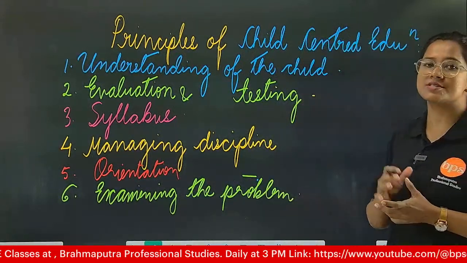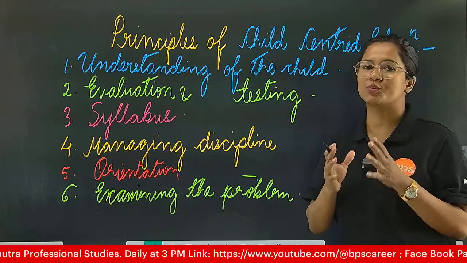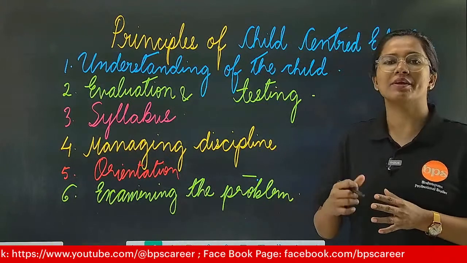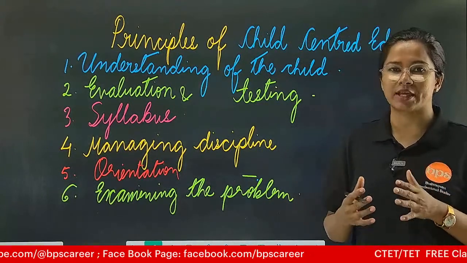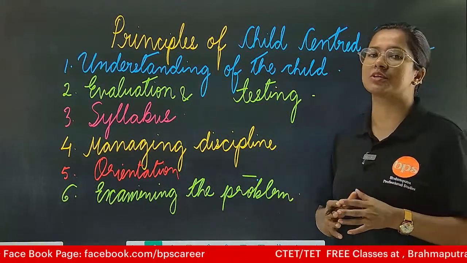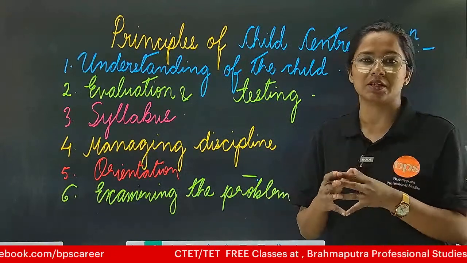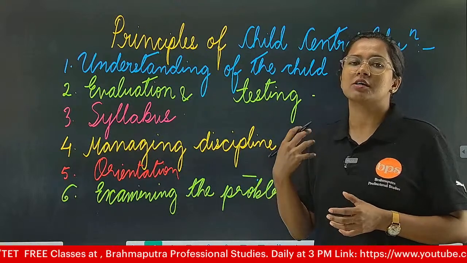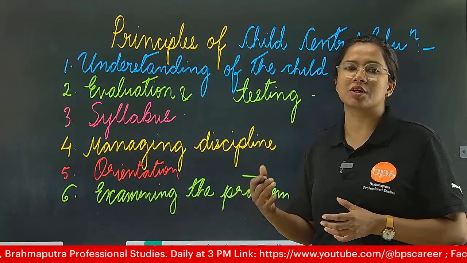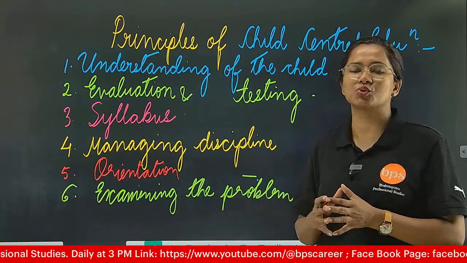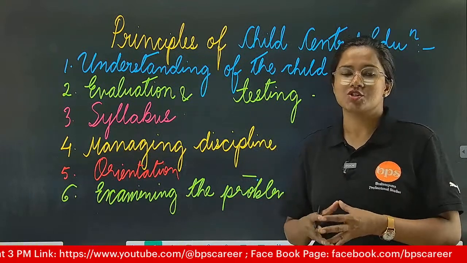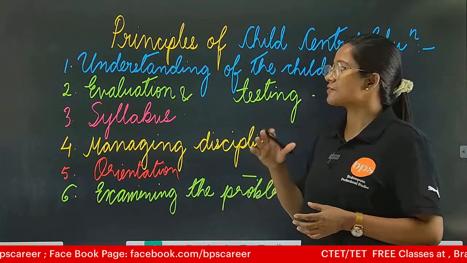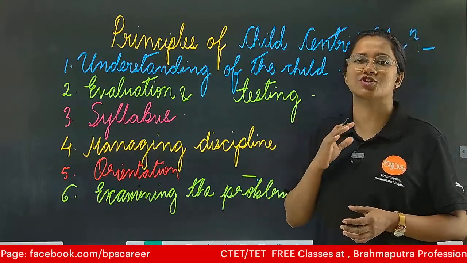Now see, these are the six principles on the basis of which we need to tackle the problem of the student, or how we need to develop our education so that it helps the student to have clear exposure to the world, to the problems of life, and also to the problems of the students. So these principles help us, because the first one is understanding of the child.